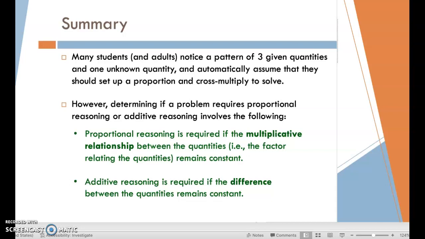However, determining if a problem requires proportional reasoning or additive reasoning involves the following. 1, proportional reasoning is required if the multiplicative relationship between the quantities remains constant. And secondly, additive reasoning is required if the difference between the quantities remains constant.